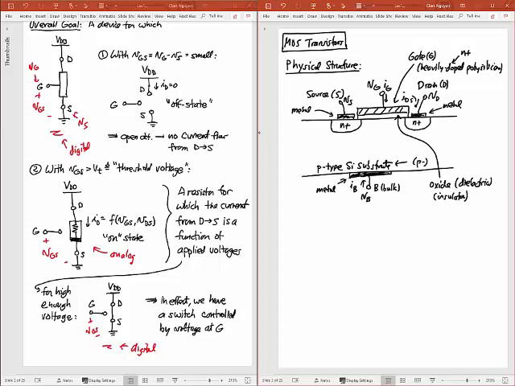Because of that, you don't really get current going through the gate, at least not DC current. So this IG at DC is going to be 0. But at AC, it doesn't have to be 0. You can get current going across a capacitor. Okay, so this now is a channel. That channel is where all the action takes place in this MOS transistor.